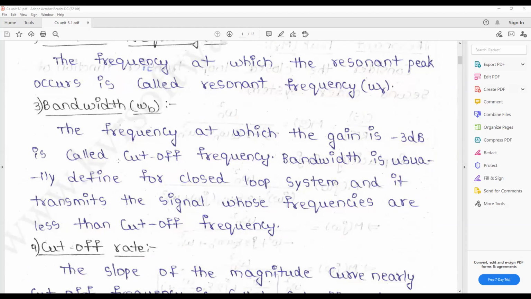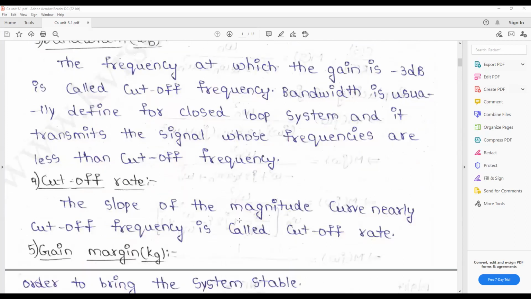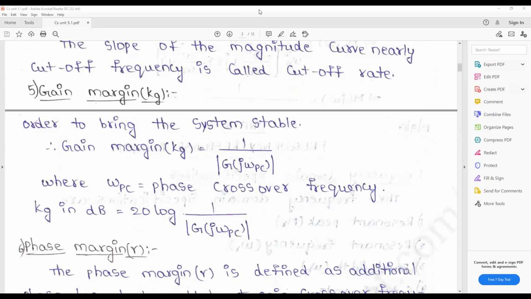So the bandwidth is usually defined for closed loop system and it transmits the signal whose frequencies are less than cutoff frequency. And the cutoff rate means the slope of the magnitude curve near cutoff frequency is called cutoff rate. And gain margin, this is very important.